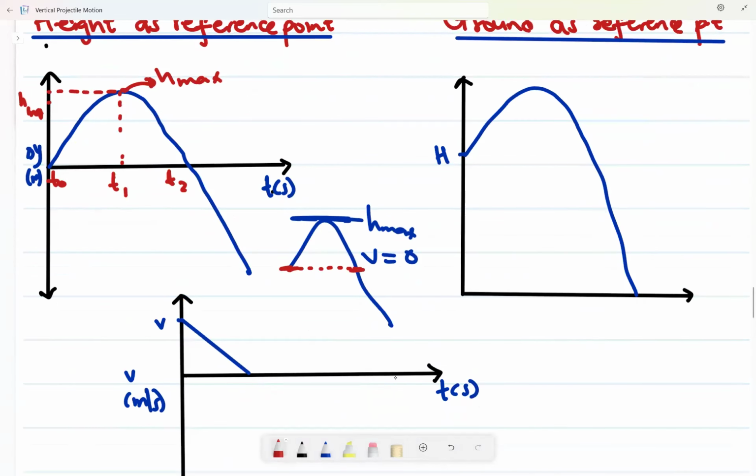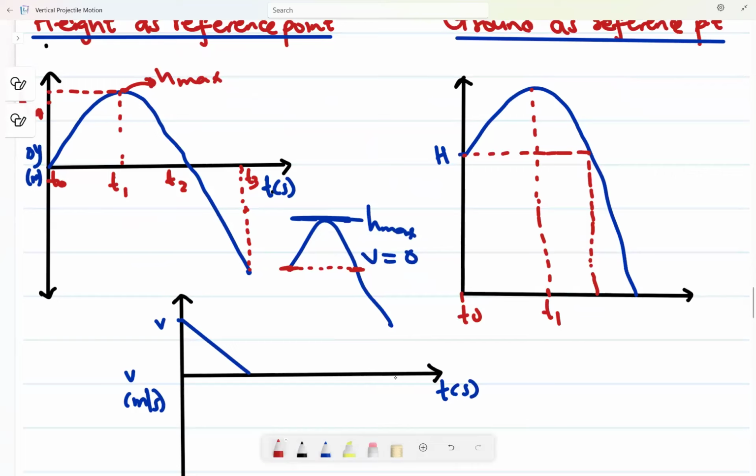Then this one is the T final, the time taken for it to hit the ground, T3. Similarly here, this is T0, then exactly in the middle I have T1. My sketch is not drawn to scale, but this is T2. Then the final time is T3.